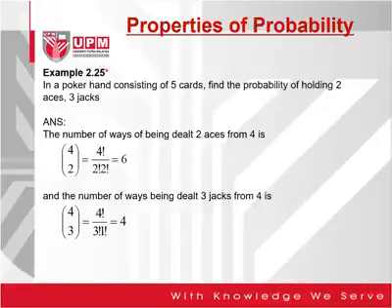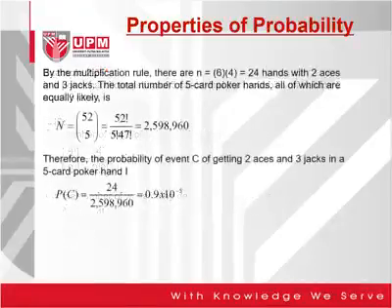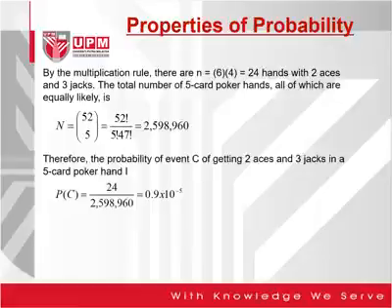Now we also find the number of ways to get 3 jacks out of 4. Because there are 4 jacks that look different in color and type, it's 4C3, and the answer is 4. Because we want both 2 aces and 3 jacks, we multiply them: 6 multiplied by 4 gives 24. This is the small n.